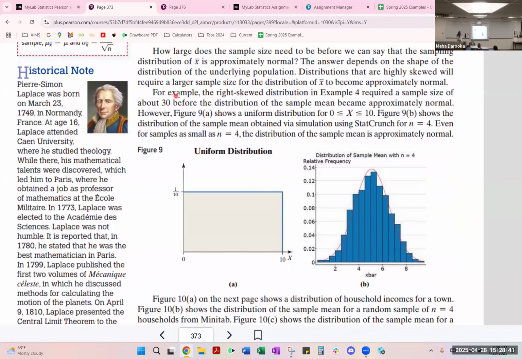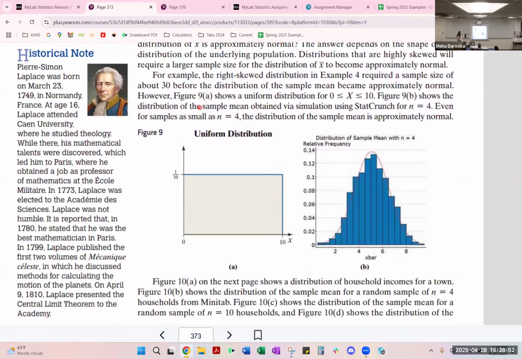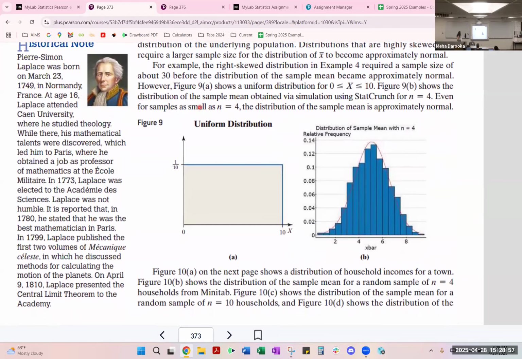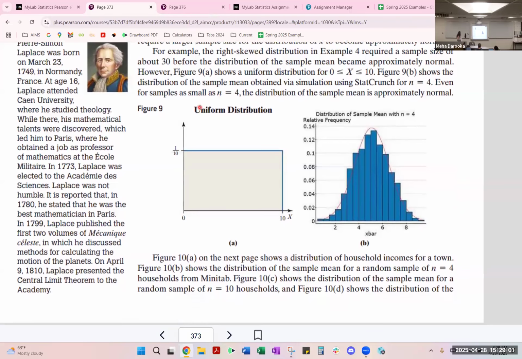Now, they do mention here, for example, that the right-skewed distribution in example 4 required a sample size of about 30 before we start seeing that approximately normal shape. For the uniform distribution, they're talking about the x value being between 0 and 10, including that.